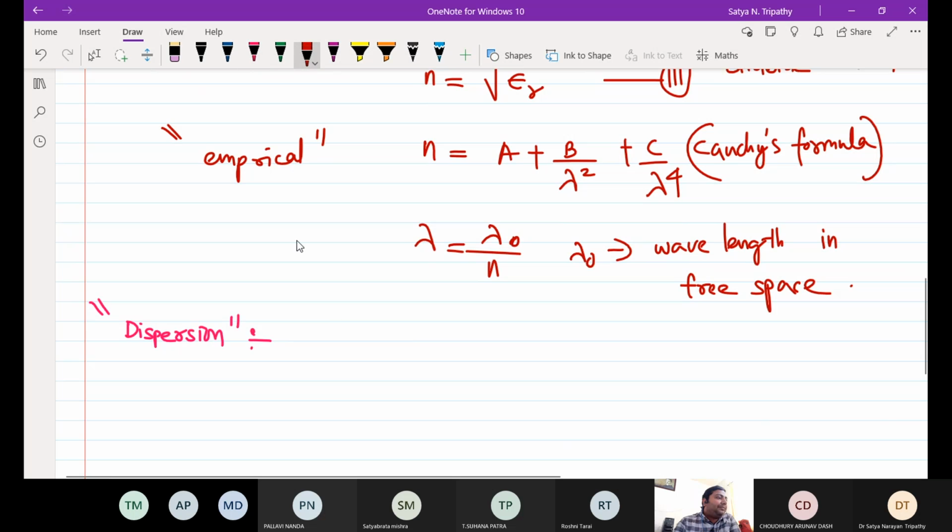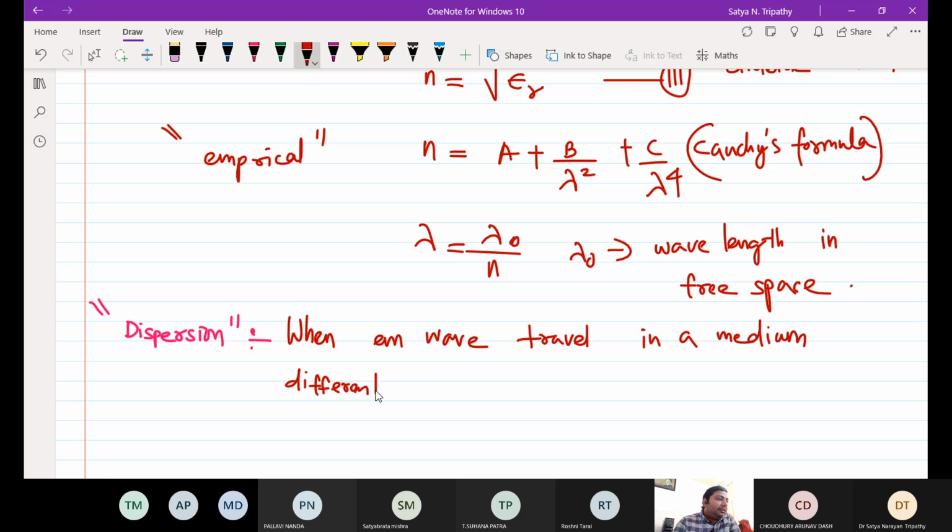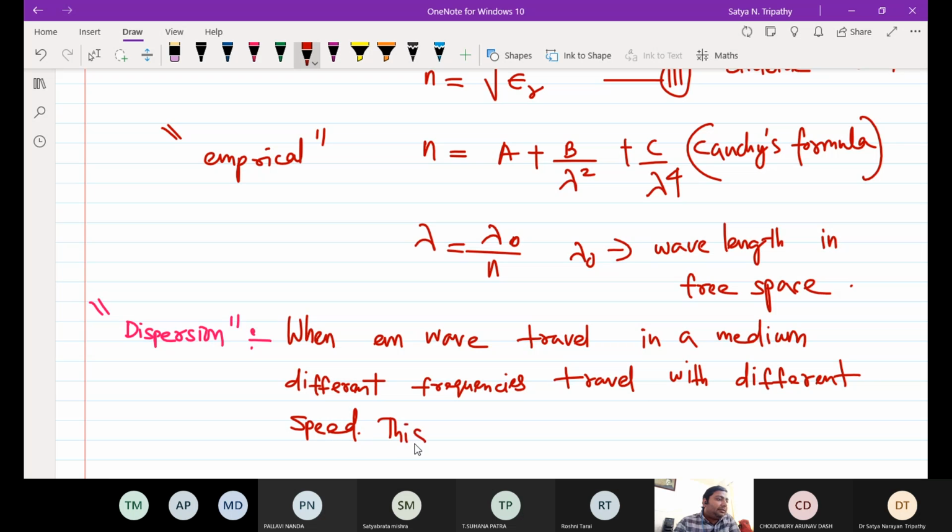So I would like to write that when an EM wave travels in a medium, different frequencies travel with different speeds. This phenomenon is called dispersion. Is it clear?